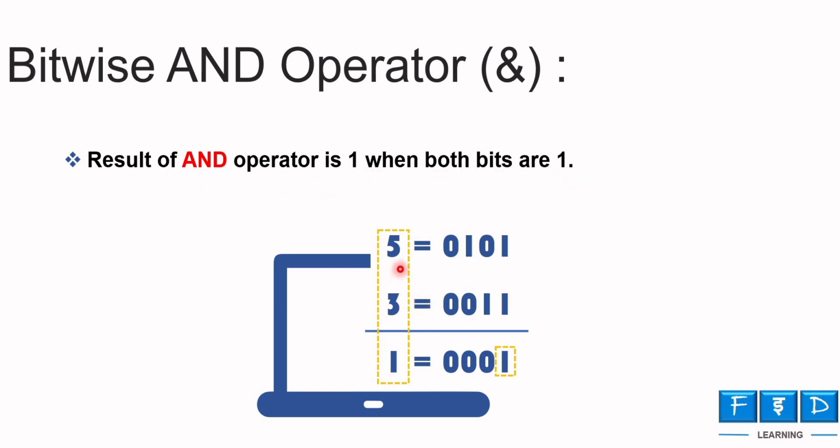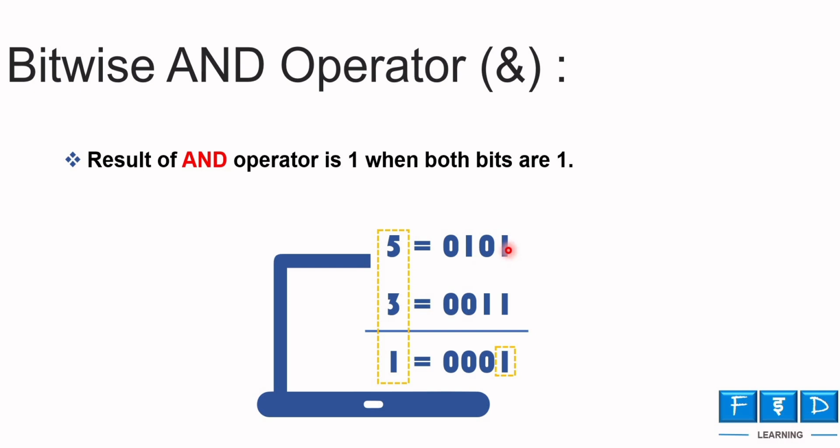Here there are two decimal numbers, 5 and 3. The binary representation of 5 is 0101, and the binary representation of 3 is 0011. The AND operator compares each bit of the binary number 5 with the corresponding bit of the binary number 3. If both bits are 1, the resulting bit is 1. Otherwise, the resulting bit is 0.